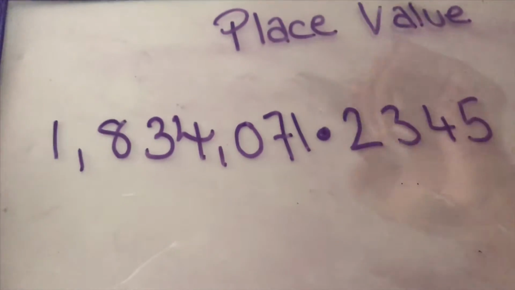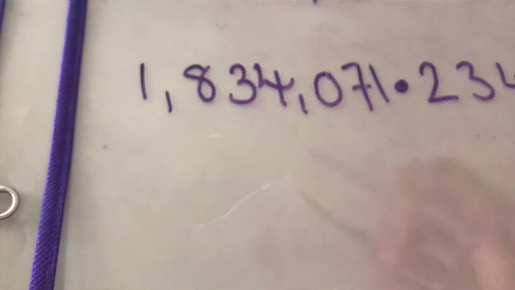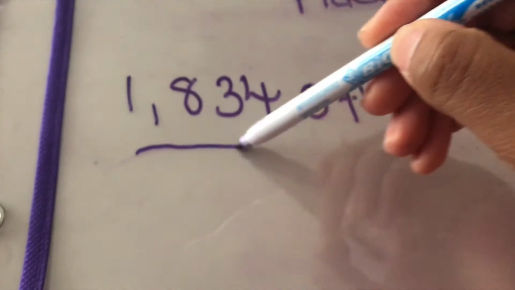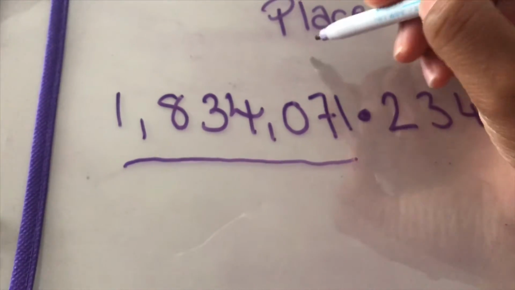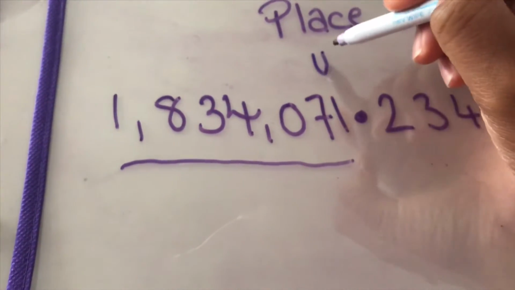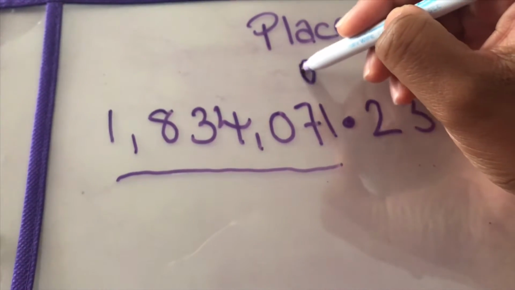Okay, so place value. So little kids, anything before the decimal point, this is called a whole number. Okay, this right here is your whole number. Okay, so here is the units or the ones. Some people call it units, some call it ones. I'm gonna put U for short or O for short.